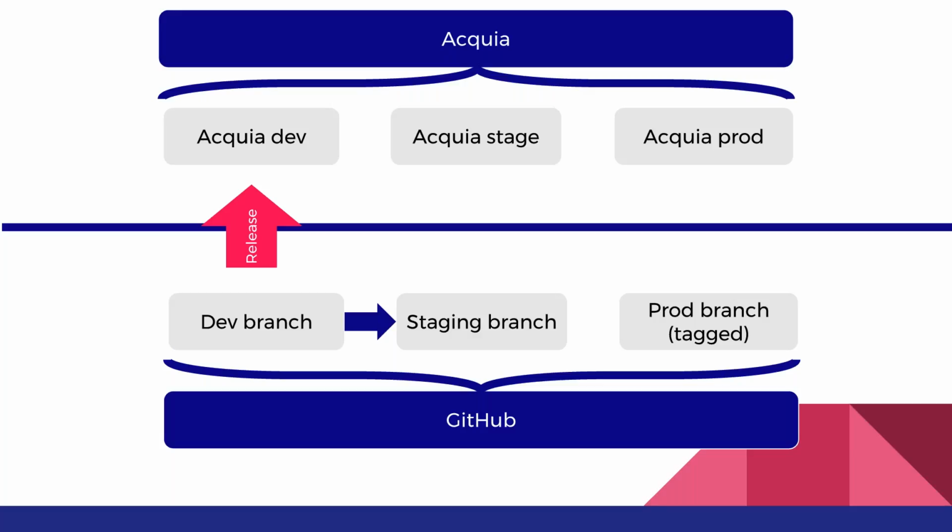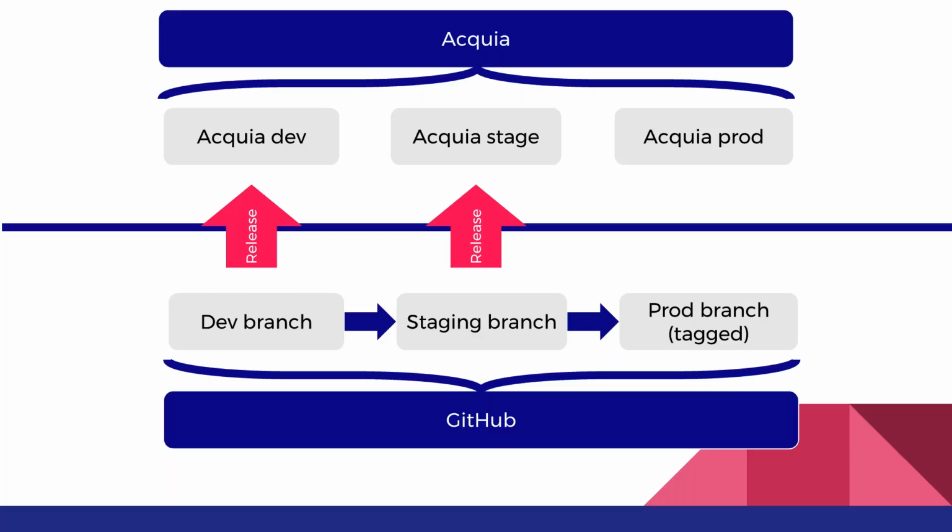When we would like to run a release on staging, we create a pull request on GitHub from the dev branch to the staging branch. It goes through review and QA, and once it gets merged, we do a release to the staging environment.